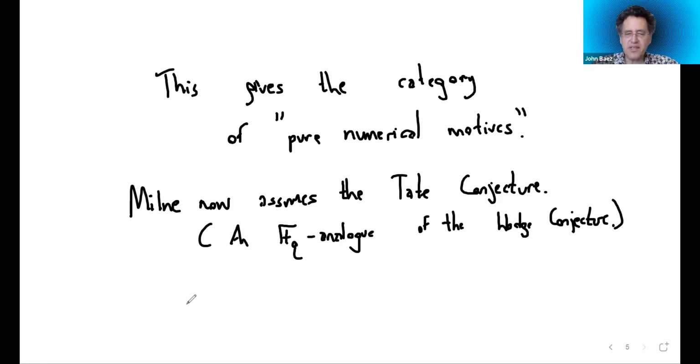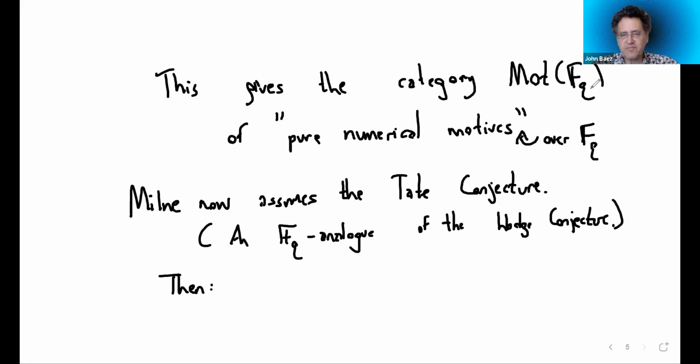Okay, so then he can go ahead and do stuff. Let me give a name to this category of motives. There are lots of names, but I'll just call it Mot, motives over F_q. I think he calls it Mot(F_q). Okay, I'll call it that.